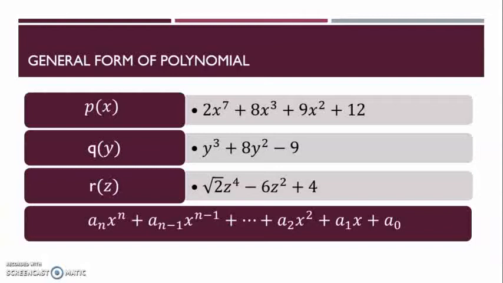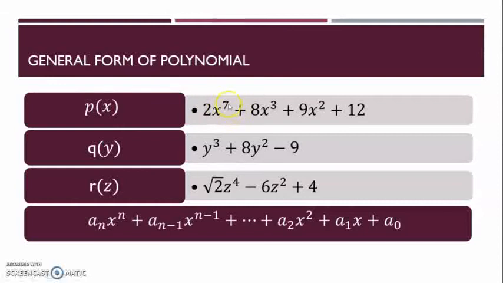So the general form of a polynomial. How do we write the general form of a polynomial? That is written as an x to the power n, an minus 1 x to the power n minus 1. If you look at the first example, the x to the power 7 term has a coefficient 2.